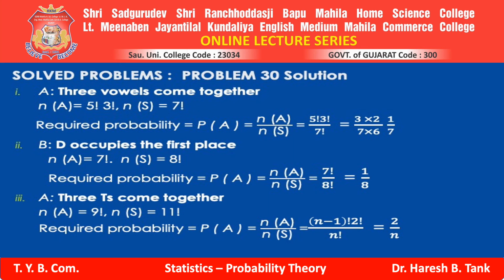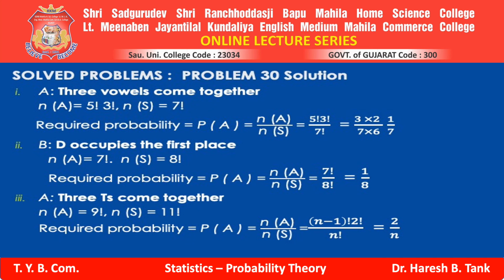First one, 3 vowels come together. Number of elements in set A is 5 factorial multiplied by 3 factorial. And total number of elements: there are 7 characters in the word, so it is 7 factorial.